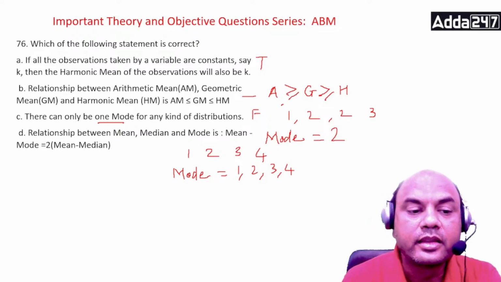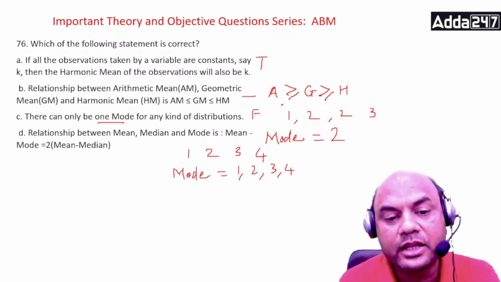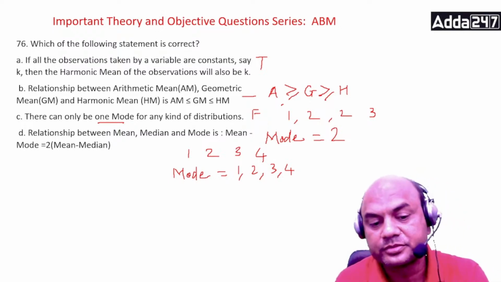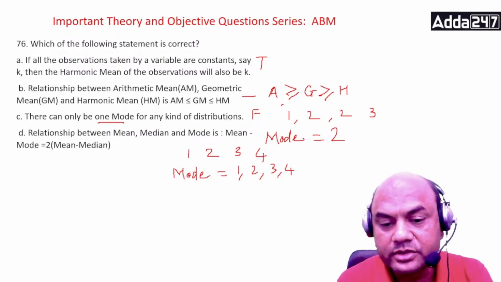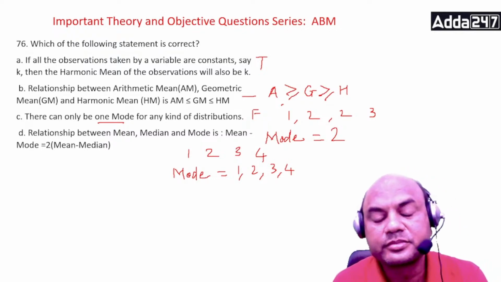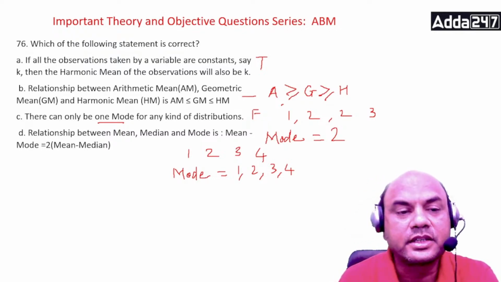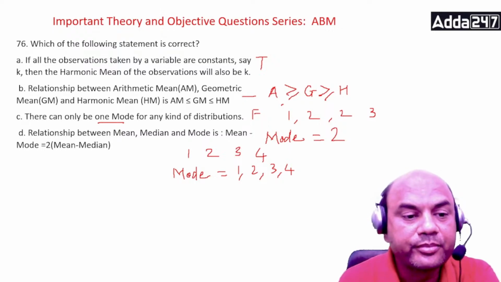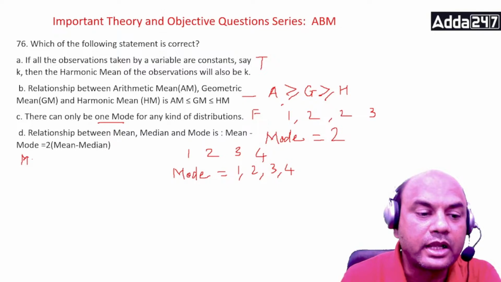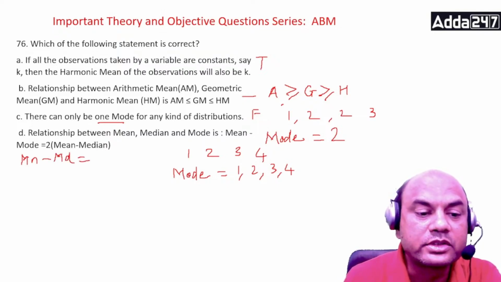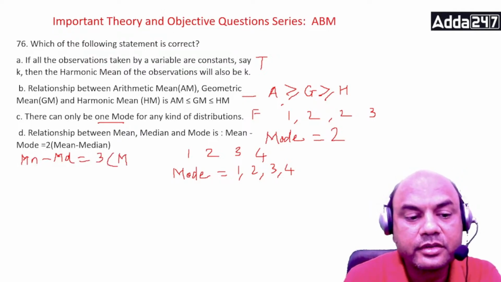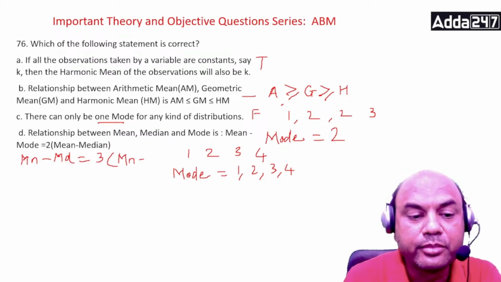Okay. Then the relationship between mean, median and mode is mean minus mode equals 2 into mean minus median. Is it so? What is the answer? The real answer is: mean minus mode, MD, equals 3 into mean minus median, MDN.